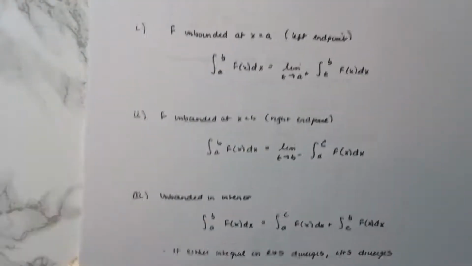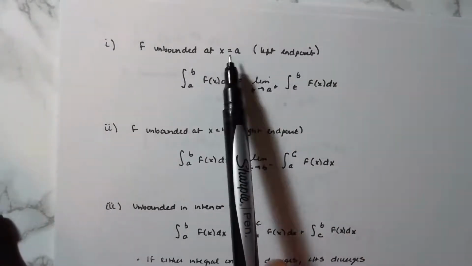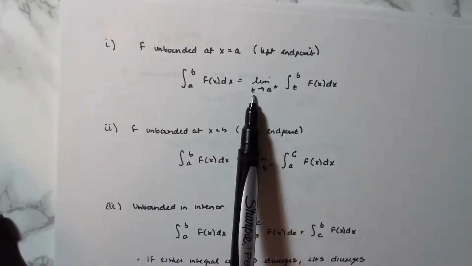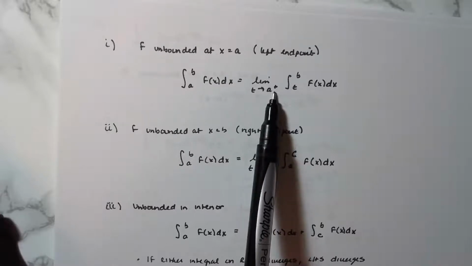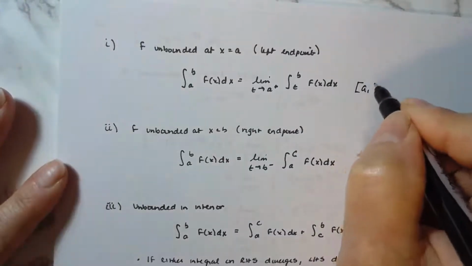So here are the rules. There are 3 of them. If the function is unbounded at the left endpoint, x equals a, then we're going to approach it and get really, really close from the right-hand side. So remember, left, right.